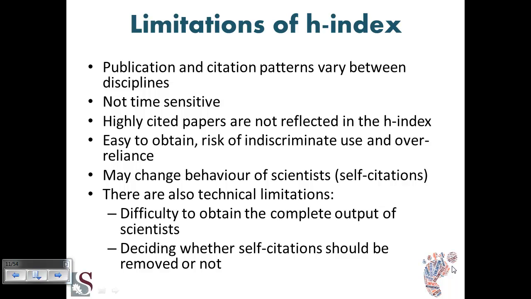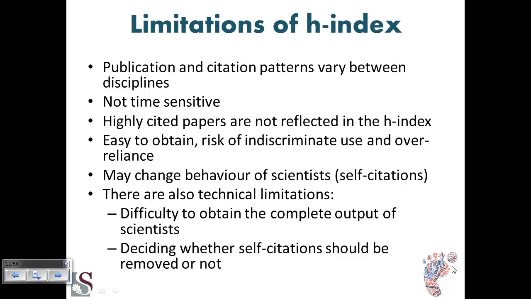So the H-index favors the more established scientists who have had a longer time to accumulate citations. That's another drawback. And highly cited papers that continue to accumulate citations are not reflected in the H-index. Since the H-index is easy to obtain, we also run the risk of indiscriminate use and over-reliance on it.